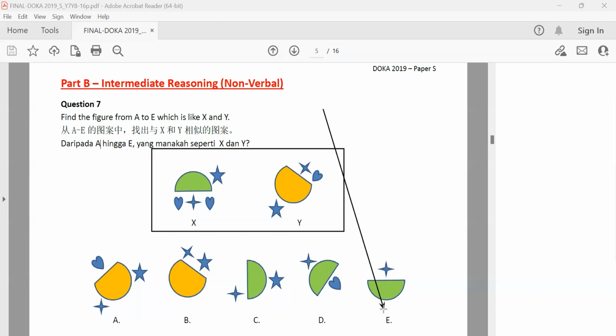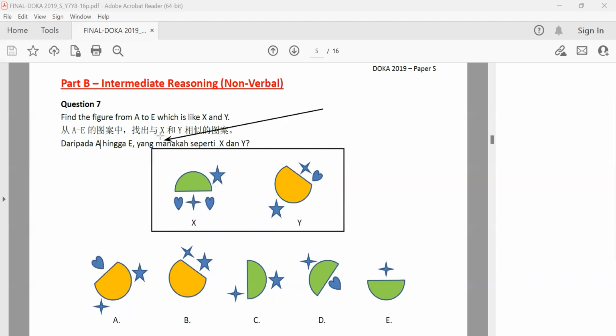Oh, E can be accepted. I mean, pointing to the middle of the straight line. The ninja weapon is not here. Okay, the ninja weapon is not here. How about this one? Also cannot, because the ninja weapon is not pointing to the middle. This one also not pointing, the ninja weapon is not pointing to the middle. This one also not pointing to the middle, is the heart shape.